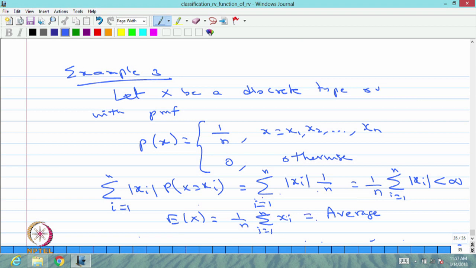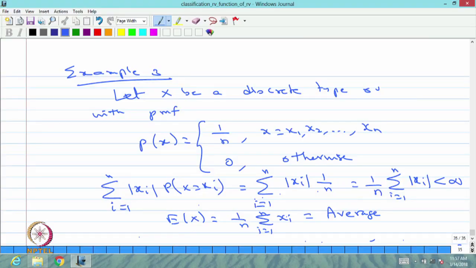So whenever the random variable is equiprobable at a finite number of points, the mean or expectation is the same as the average. Later we are going to call this a discrete type uniform distribution. That means for a discrete type uniform distribution, the mean or expectation is the same as the average.